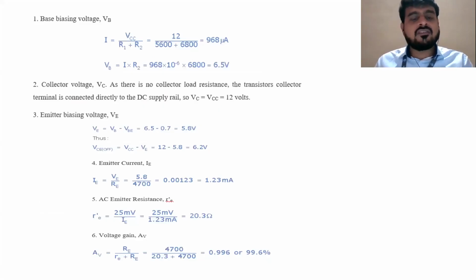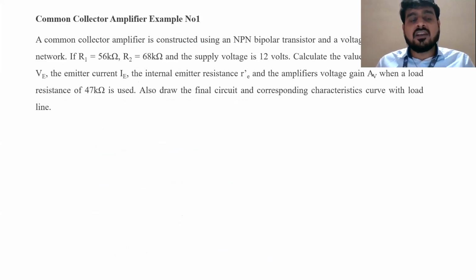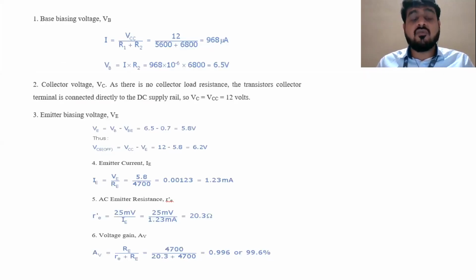What is the emitter current you got? 1.23 milliampere. Then the AC emitter resistance. What do I have to use? Voltage divided by current. Which voltage? The normal silicon transistor voltage, which is 25 millivolt, divided by IE. Whenever AC parameters are asked, you have to talk about the AC parameters.